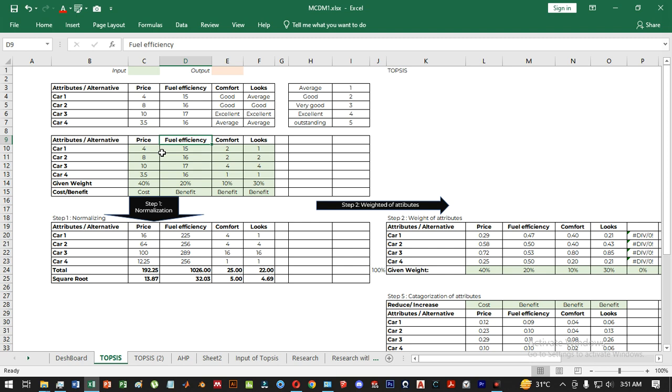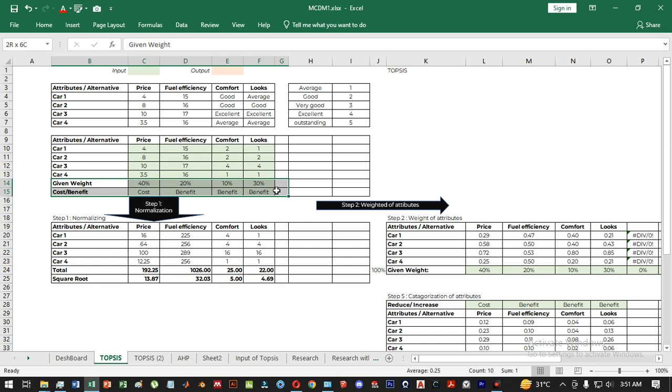We want cars that are more fuel efficient, so that's why we put benefit. Then comfort, we want to maximize it also. Looks also, we want to maximize it.